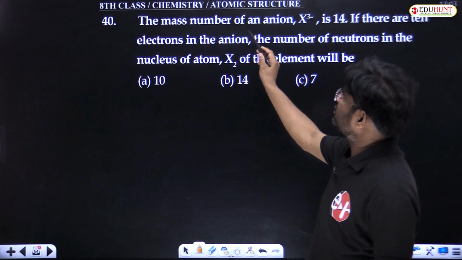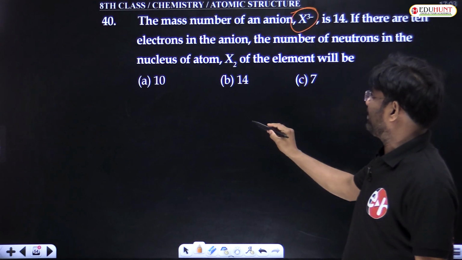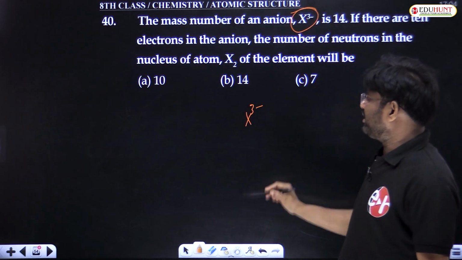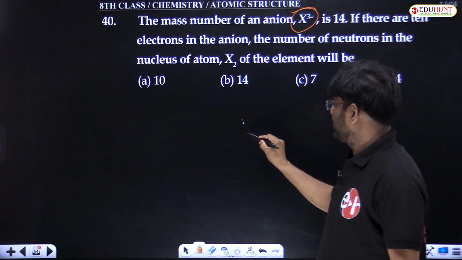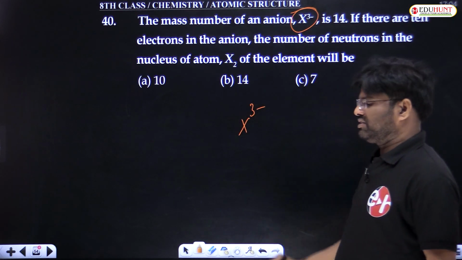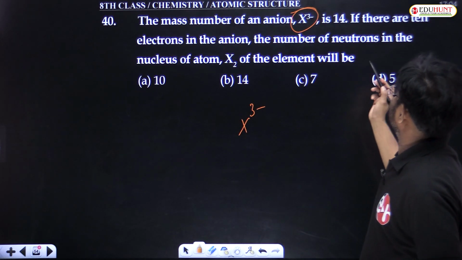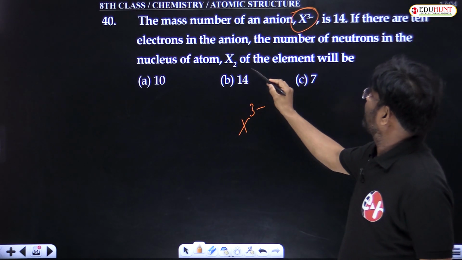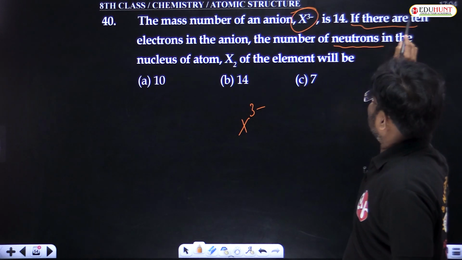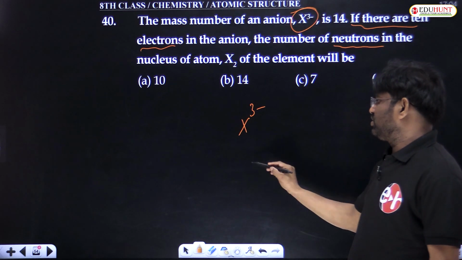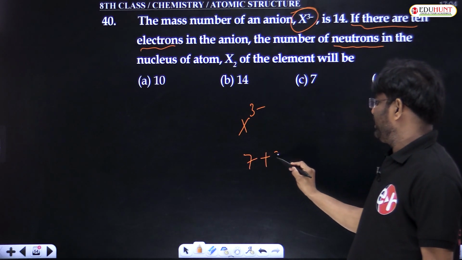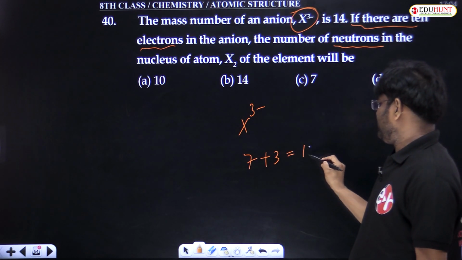Let's go to the next: the mass number of an electron is X 3 minus. X means we don't know what the element is. Here there are 10 electrons, so 7 plus 3 gives 10 electrons.